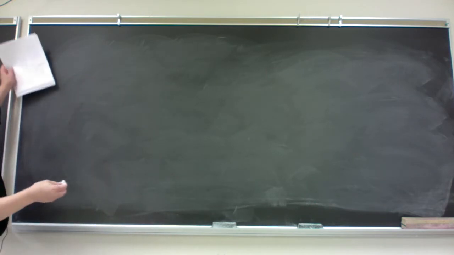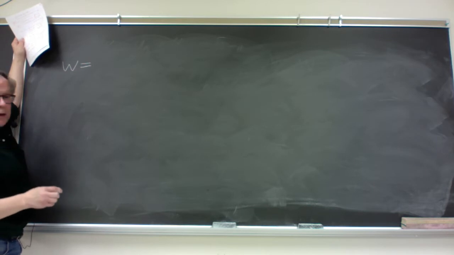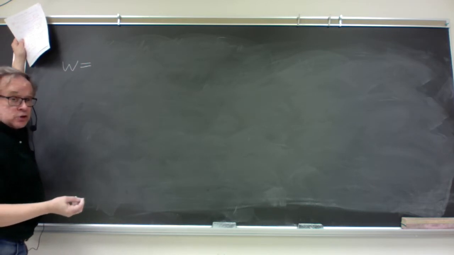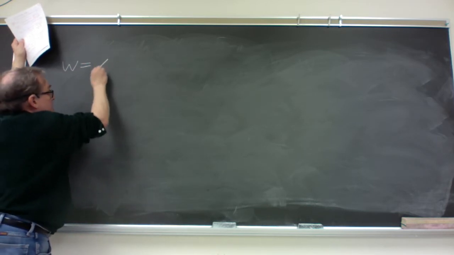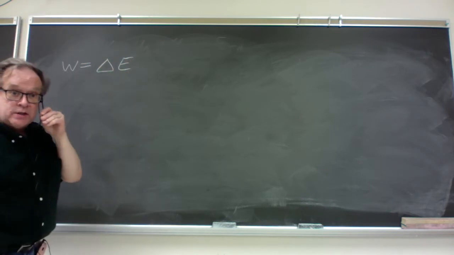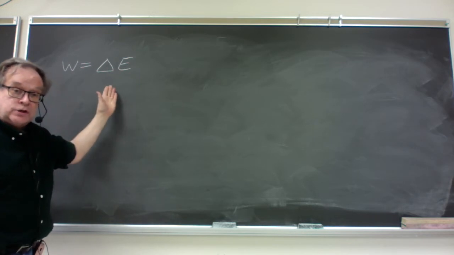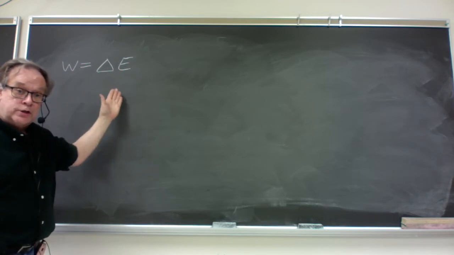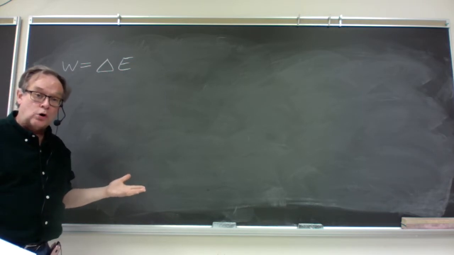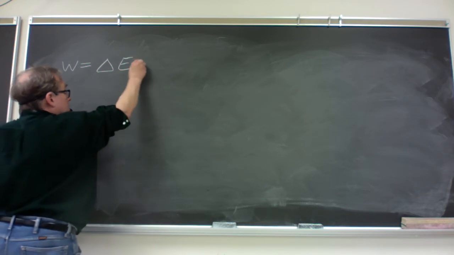Before that, let me remind everybody the net work done by the net external force on a system is what changes the energy of a system, and the change in the total energy could come from one or more changes in the different types of energy.